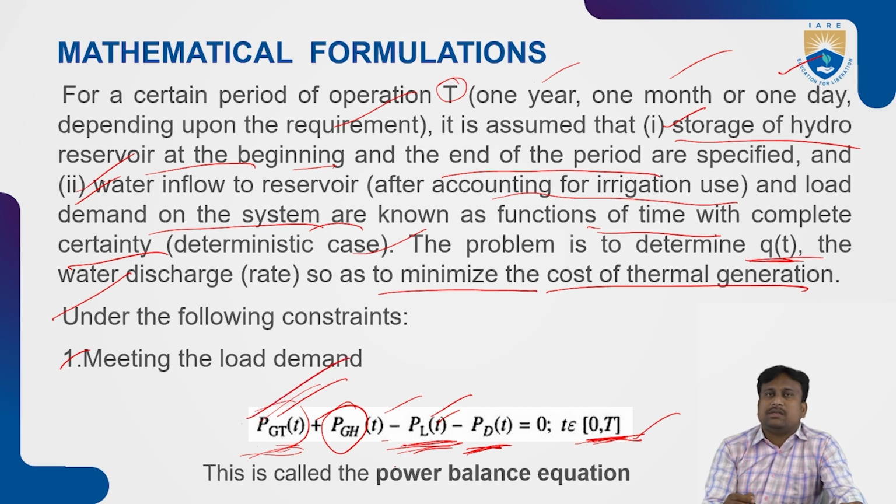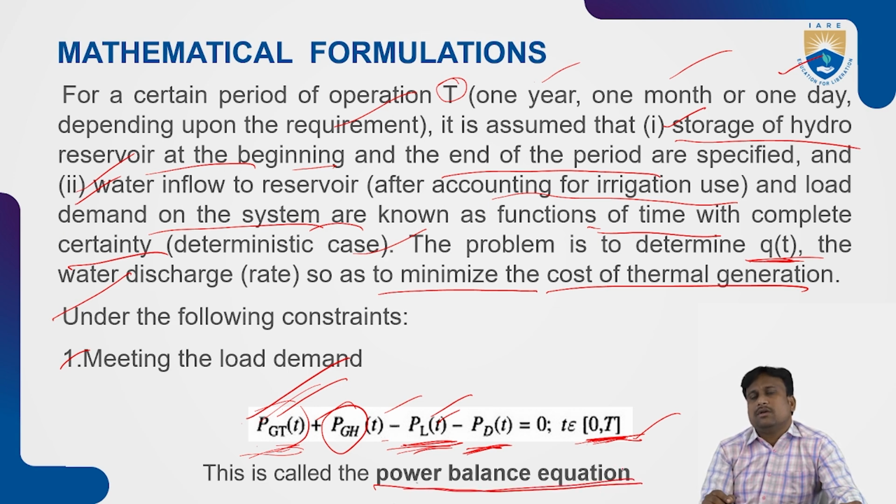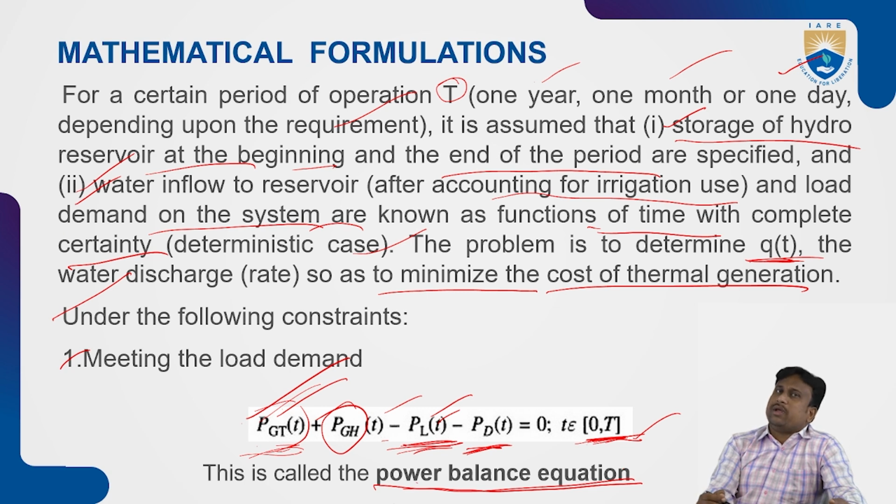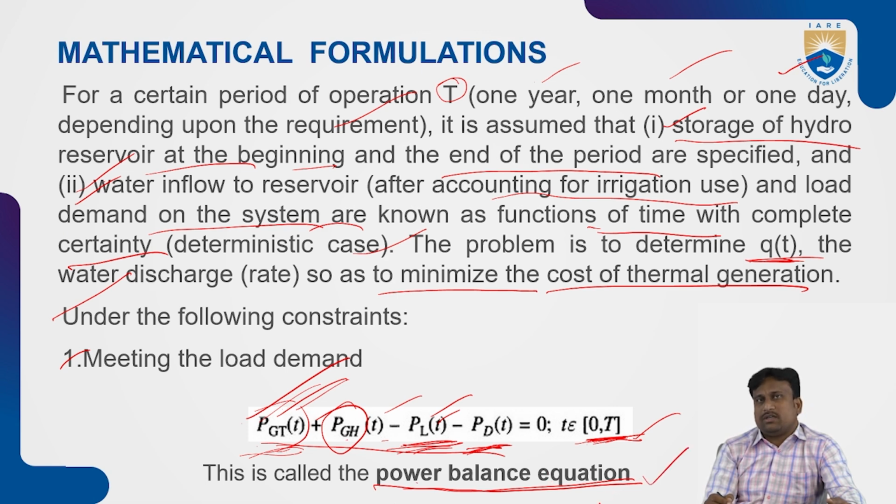The entire relation is called the power balancing equation. What does this power balancing equation mean? The summation of all these coefficients, PGT as thermal in nature, PGH as hydel in nature, load, and demand constraint, cumulatively gives the relation called the power balancing equation.